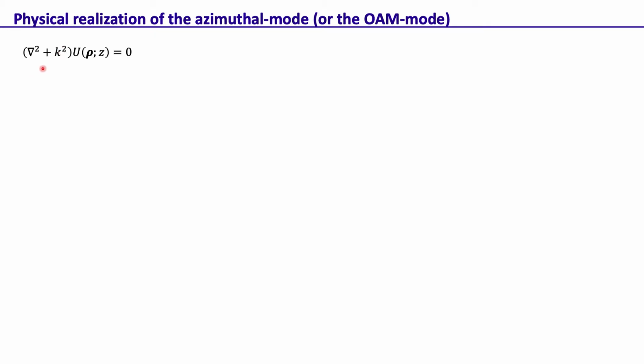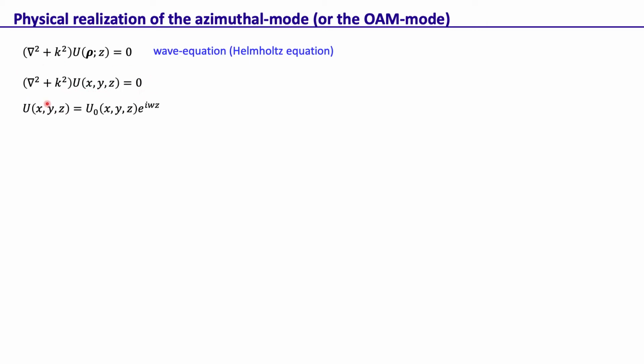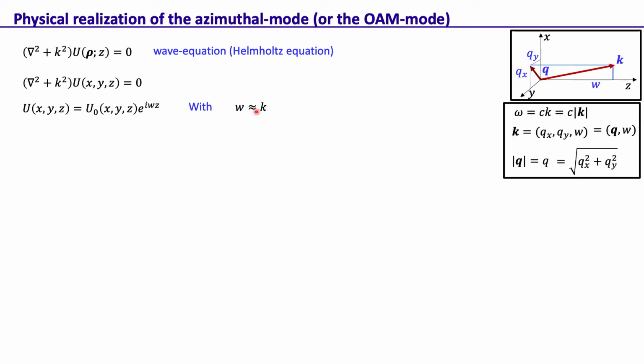Okay, so now we go back to the Helmholtz equation that U(rho, z) satisfies. If we write this Helmholtz equation, the wave equation, in Cartesian coordinates, then it's (del square plus k square) U(x, y, z) equals zero. That's the Helmholtz equation. Now in the paraxial regime, which we defined last time, when omega is almost equal to k, that means k is much larger than this q, and we also assume that the z dependence of this U(x, y, z), the field at the monochromatic frequency, is of this form.